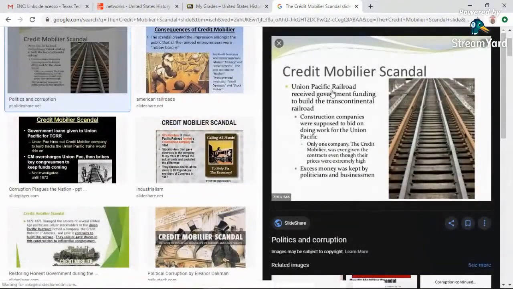So the Union Pacific Railroad received government funding to build the Transcontinental Railroad. We saw that already. Construction companies were supposed to bid on doing work for the Union Pacific. To bid means I'm going to kind of ask and see if I have a better opportunity than you. So imagine maybe Mayada is one company and Mateus is a different company.